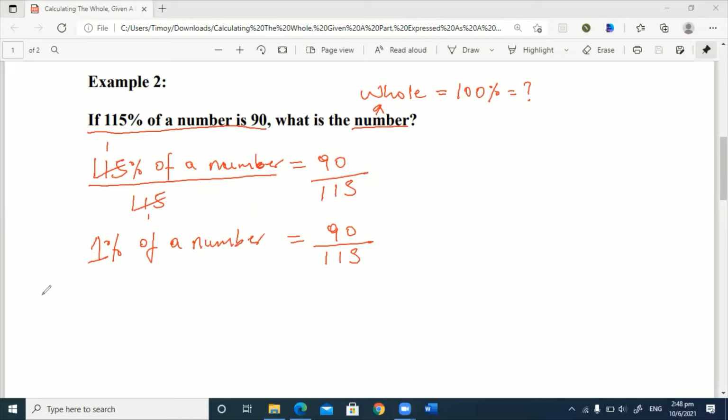Now that we know what 1% is, it is easy to find 100%, which is the number. So we're going to say, therefore, 100% of a number is going to equal 90 over 115 multiplied by 100 over 1.